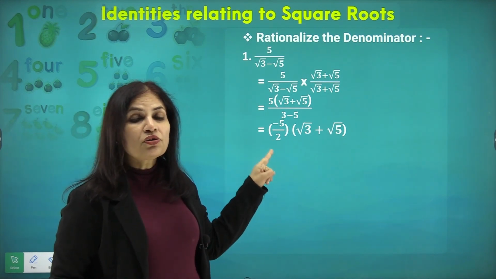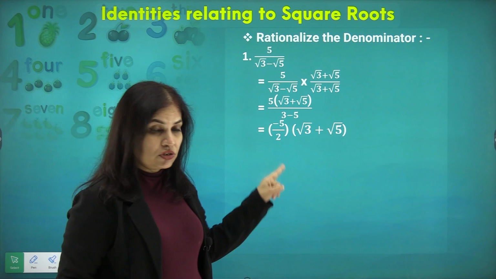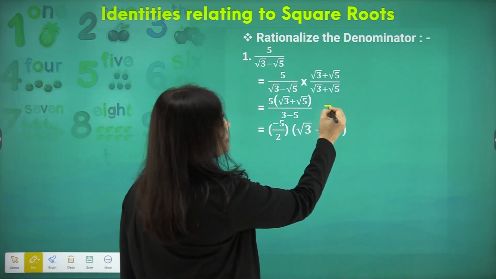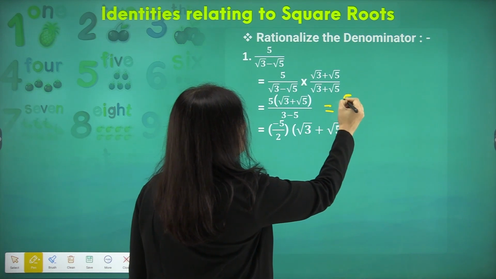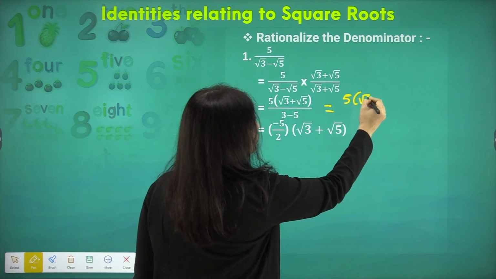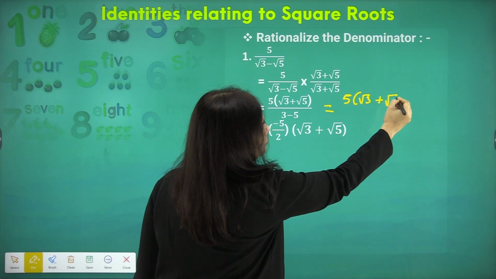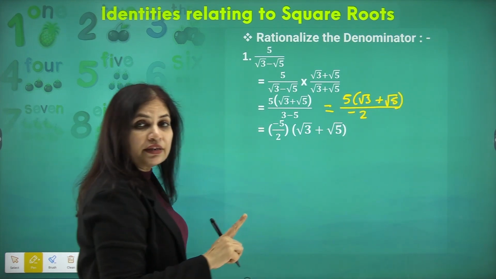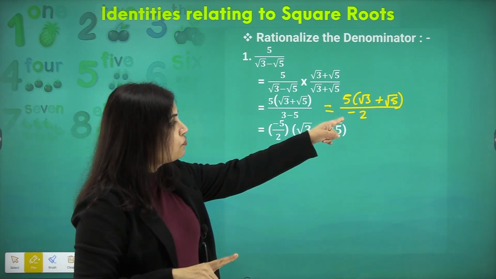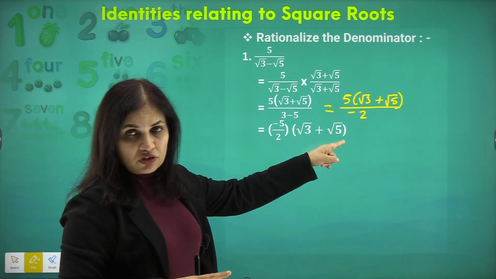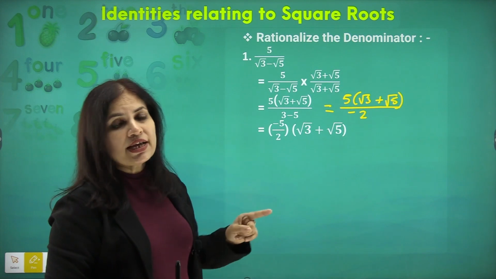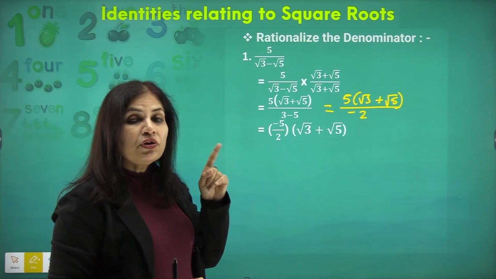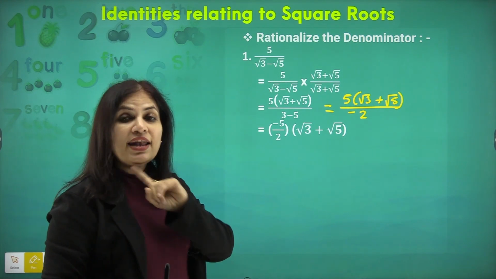But I do not write minus 2 in the denominator. What have I done? Here from this step, this is 5 upon root 3 plus root 5 upon minus 2. I have done one more step to remove this negative sign from the denominator, because if I rationalize the denominator, P upon Q form, Q will not be equal to 0, not less than 0.